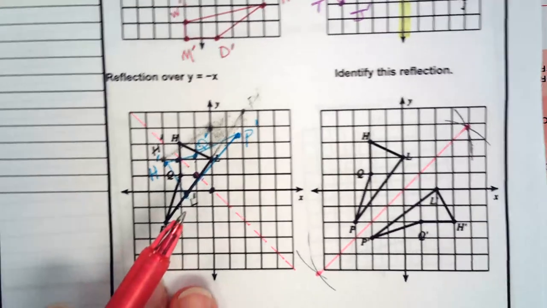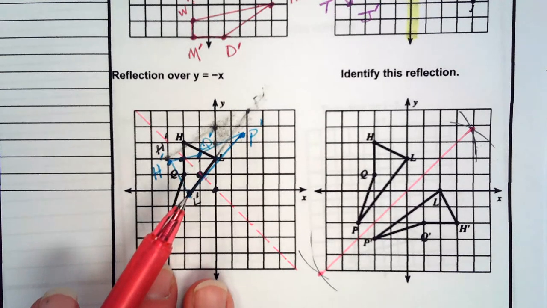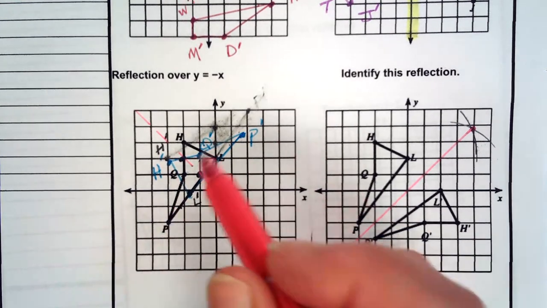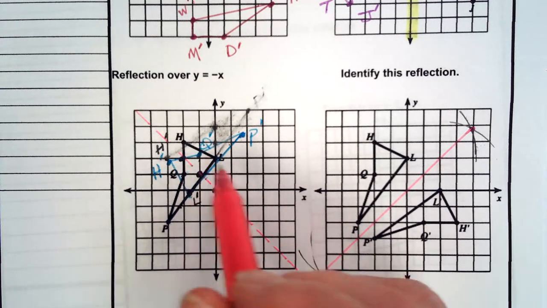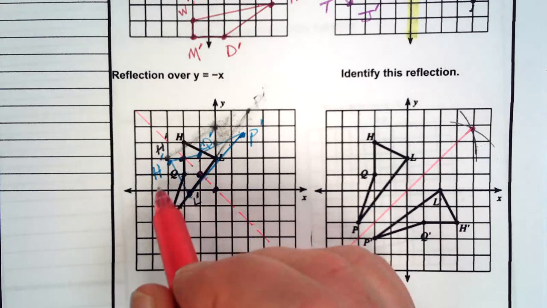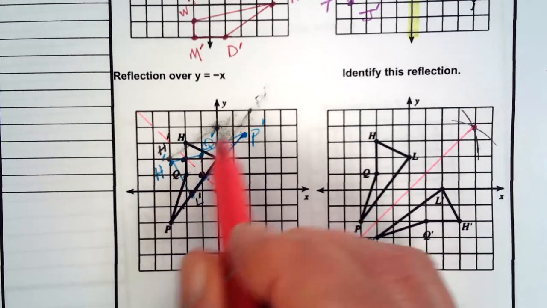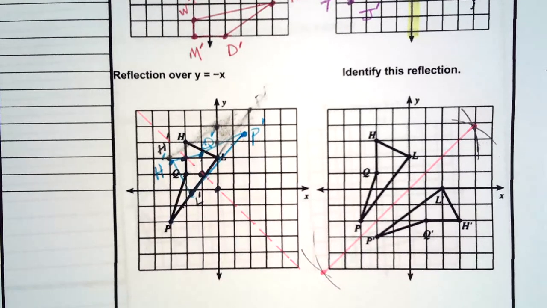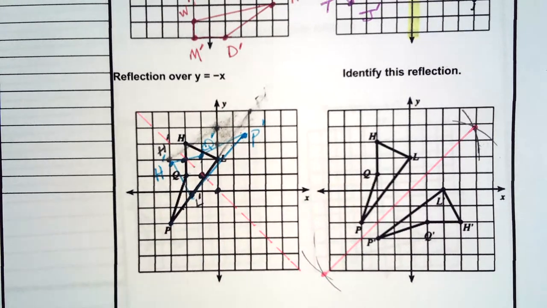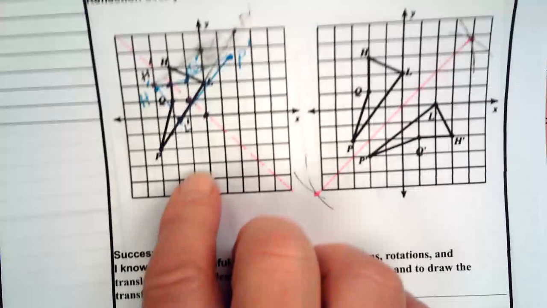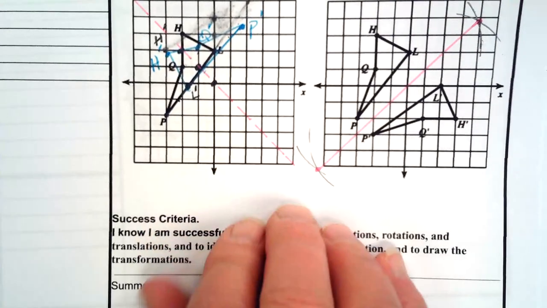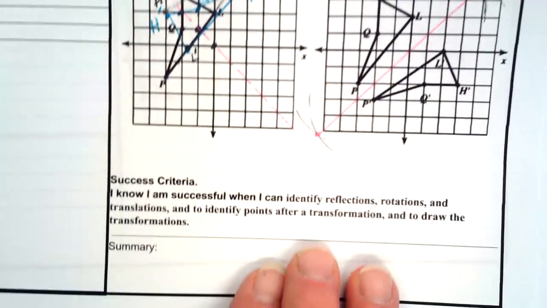Now, if I wanted to do this one better, I would have used the compass, and I would have used a ruler, and I would have had a perpendicular line that went between every one of the points. So, using a line of reflection, we have to make sure we measure correctly, or use the compass to make it a little bit more accurate.